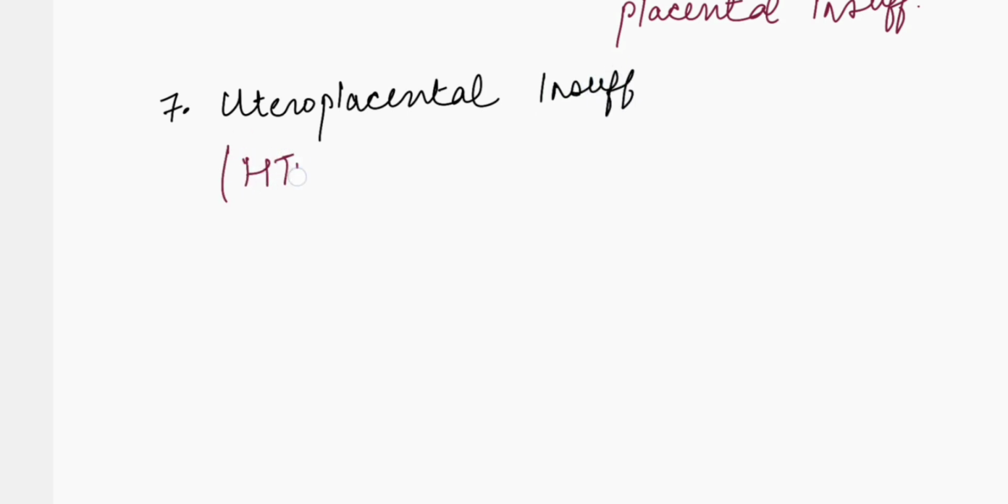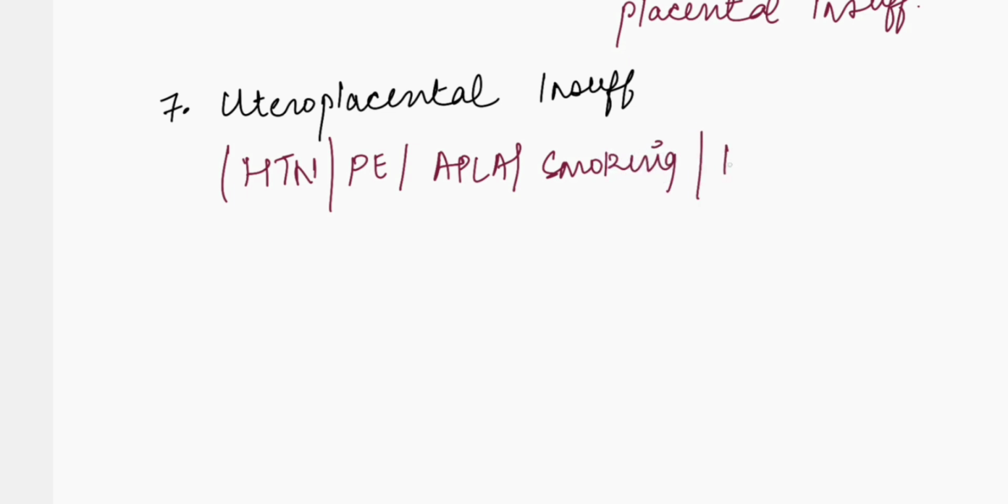Then we have uteroplacental insufficiency. In these we can have hypertension, preeclampsia, APLA syndrome, smoking, diabetic vasculopathy.